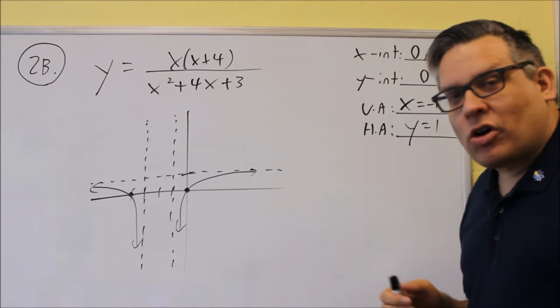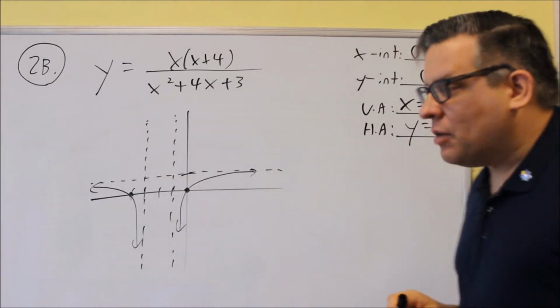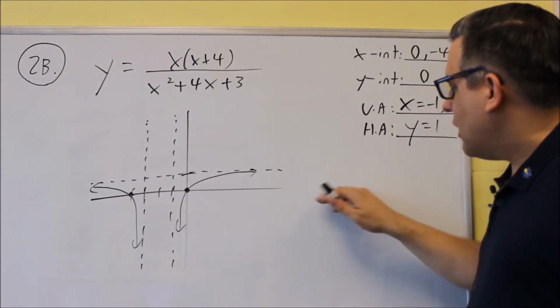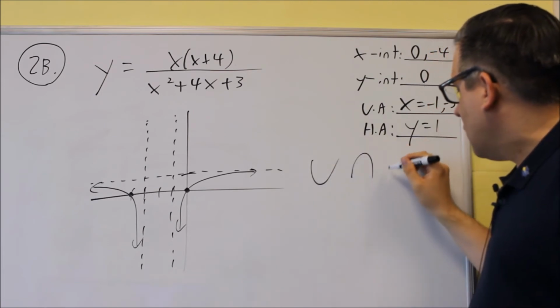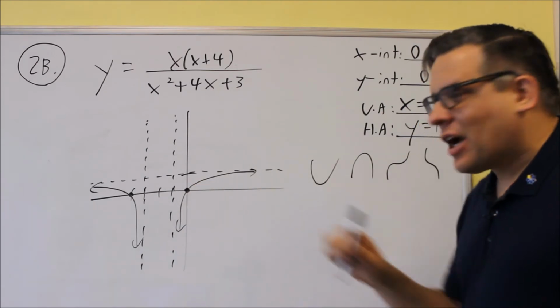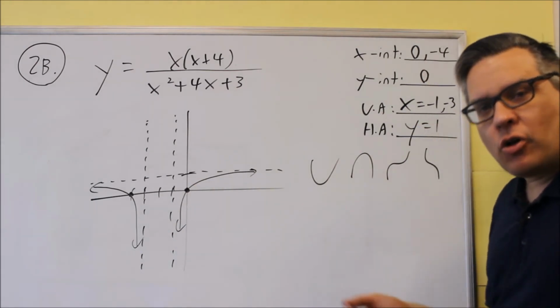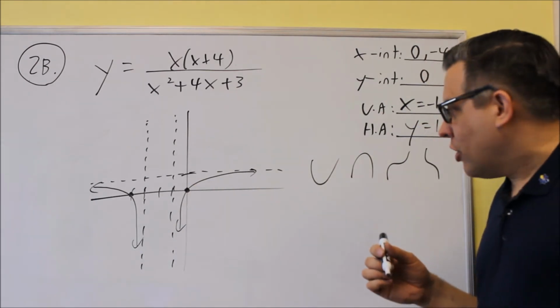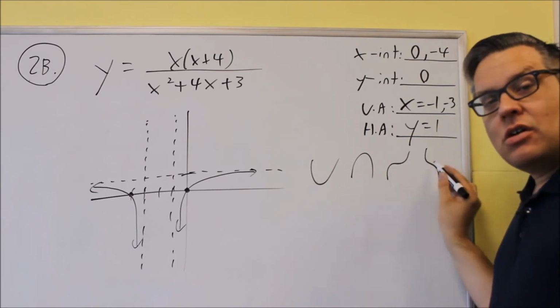Now I mentioned before that the one in between the two vertical lines has to be one of these 4 shapes, so we have to pick which one will work. This time we're not given any information about the middle part. However, I can eliminate these last two.